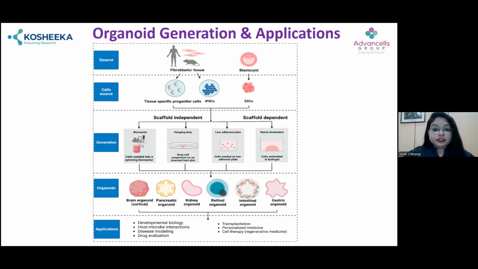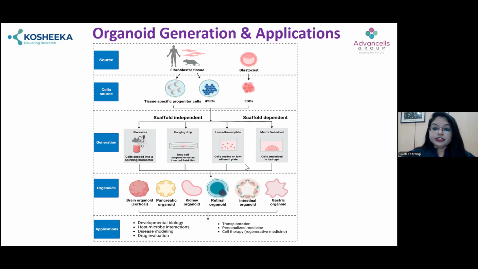Other, how you will generate these organoids, so there can be different models: scaffold independent or scaffold dependent. Scaffold independent means you are not giving any supporting matrix to the cells. So it can be using a spinning bioreactor or hanging drop, where you put your mixture of cells as a hanging drop, as you can see in the picture.